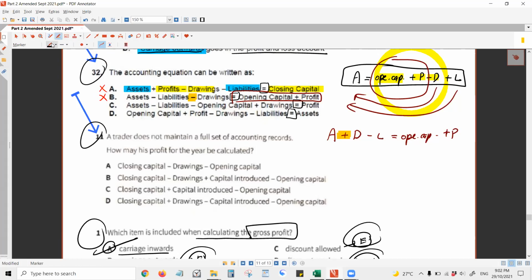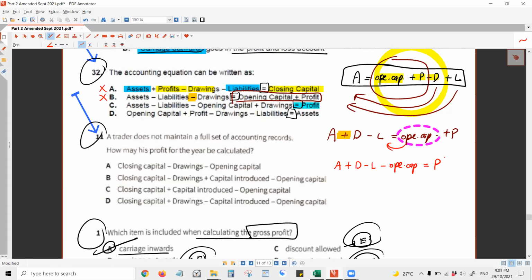Okay, try again. You arrange it by writing down. You have to put the profit at one side. All other things move to the other side. Agree? I think we can make use of this equation. We move the opening capital to the other side, shall we? Then you can get the desired equation. A plus D minus L, not plus, minus. Move opening capital to the other side, becomes negative number, so equal to P. Is C the answer?